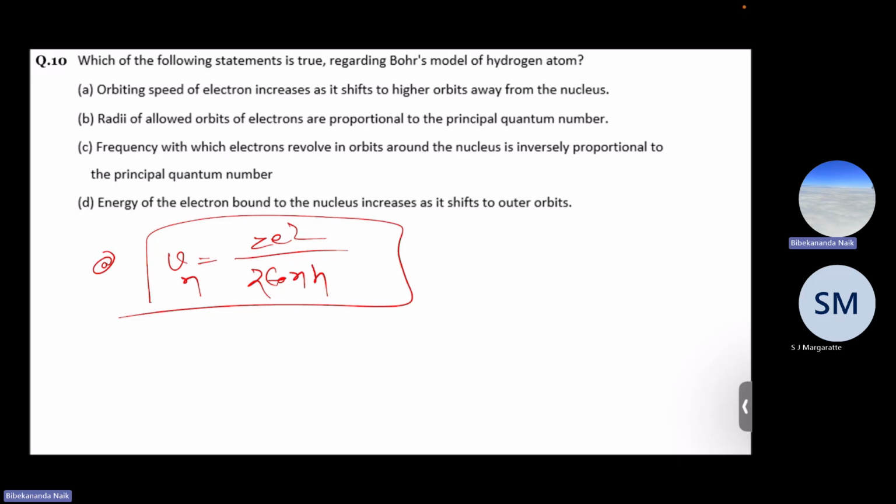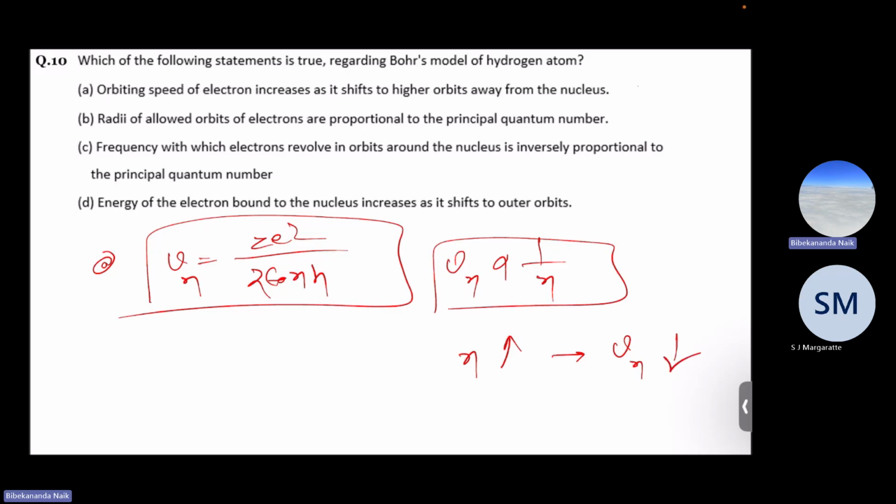This is the expression for V. So Vn is inversely proportional to n. When n increases, V decreases. So the first option is not true, because when the electron shifts to higher orbits, its speed decreases, whereas here it is written that it increases.